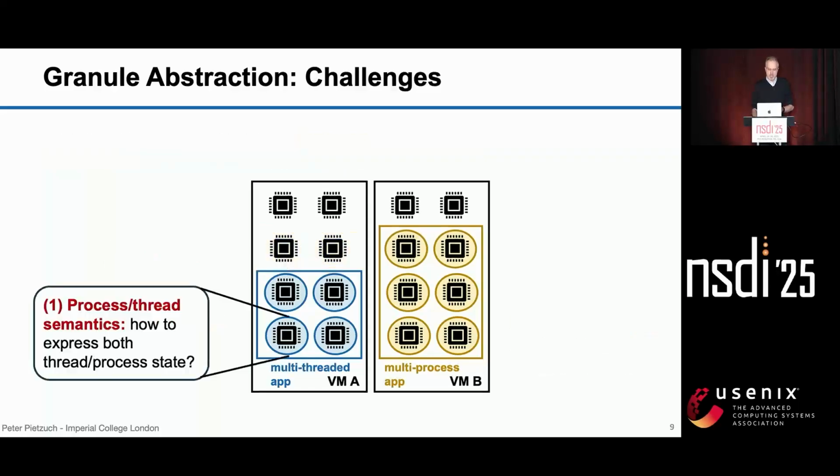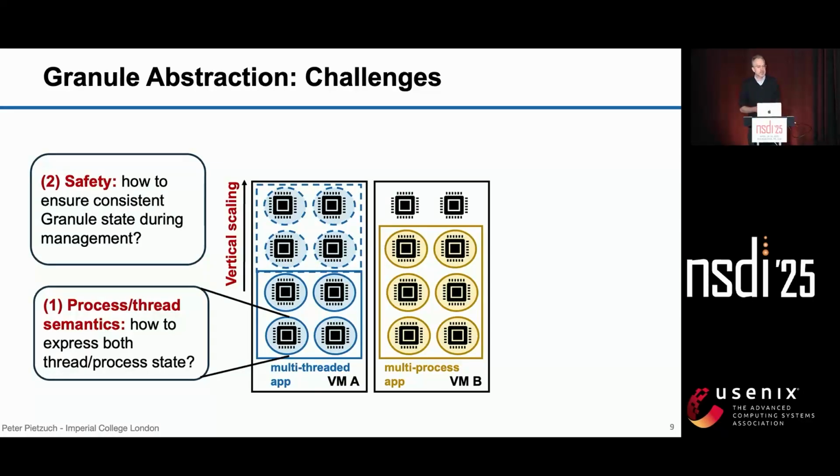Okay? So what are the challenges that we had to overcome to enable this granule abstraction? The first is, how do we unify process and thread semantics so that we are expressing both thread and process state of the application that we're running? The second challenge was around safety. Since we want to dynamically change the resource allocation, for example, change the parallelism, dynamically add threads to an application, how can we do this safely while maintaining the consistency of the memory that the application uses?